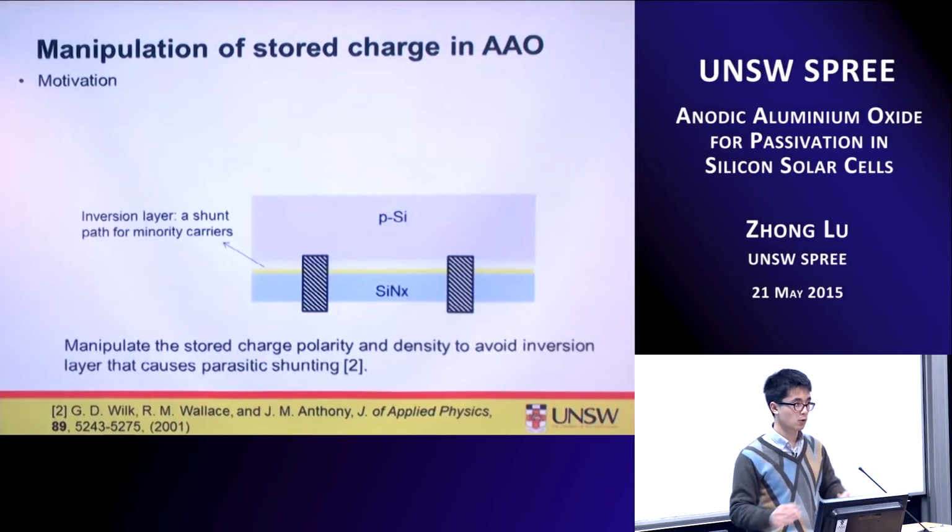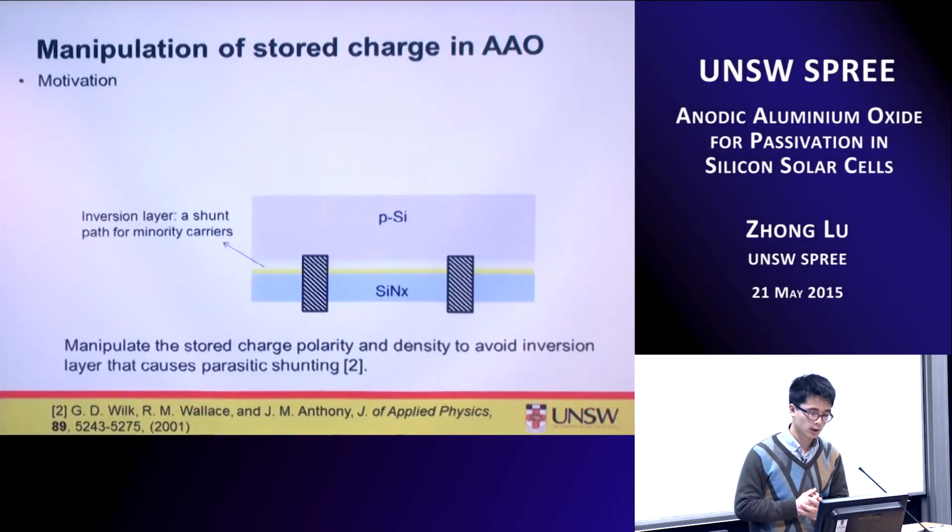Another important aspect about the store charge is when you come to fabricate a localized contact. The example showing here is a localized contact through silicon nitride, contacting the P-type substrate. This is a very typical structure.